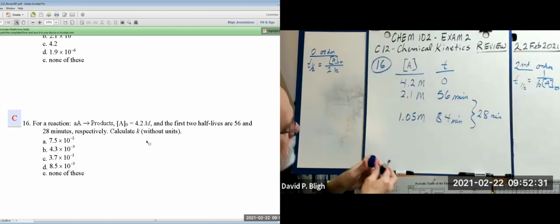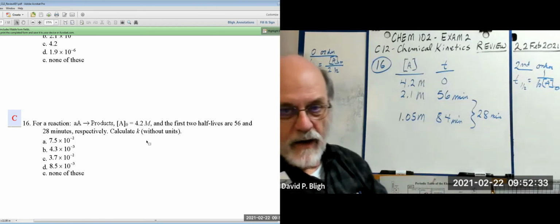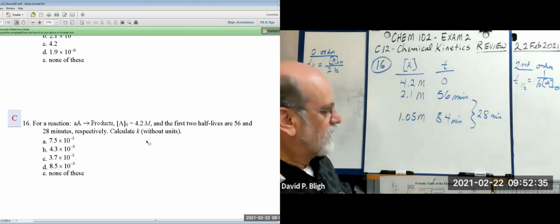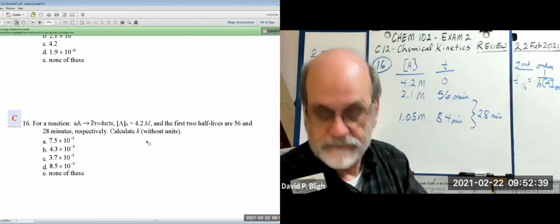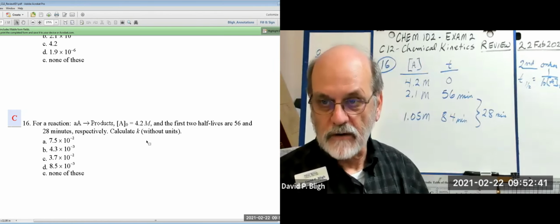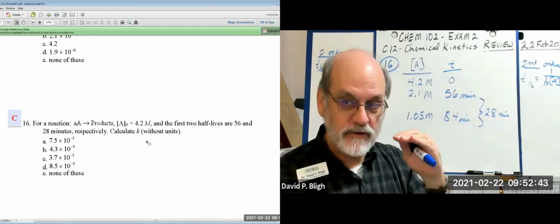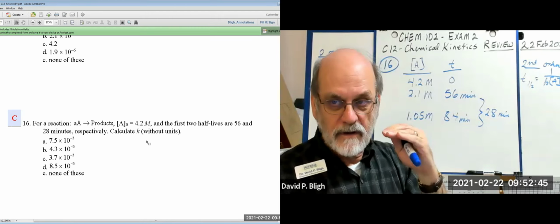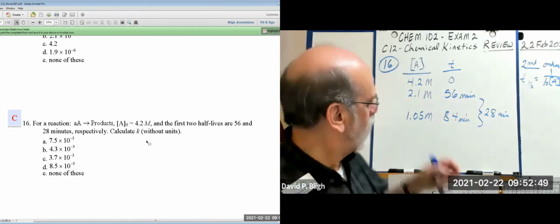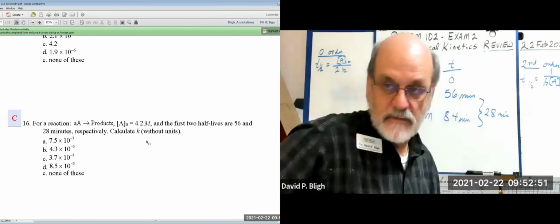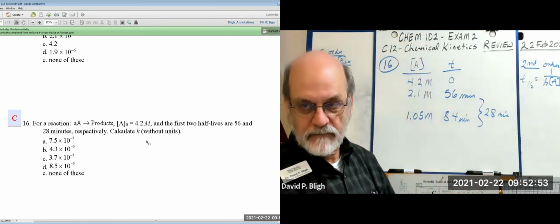So now what we're going to do is say, all right, K is a constant, right? For this reaction at a given temperature, K will not change over any of these concentrations. K is always the same under these conditions.